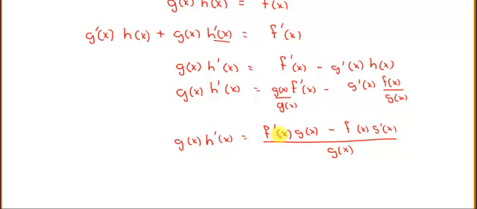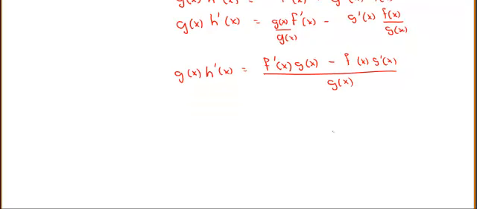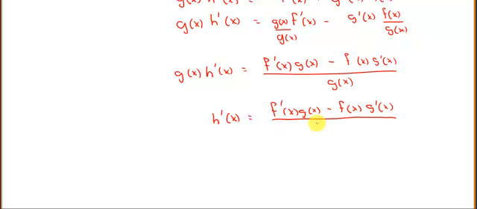If you look at this, the numerator looks a lot like the product rule, except for this subtraction symbol. We have to be careful of that. That's very important. Then dividing by g of x, h prime of x is going to be f prime of x times g of x minus f of x times g prime of x, all over, if I divide both sides by g of x, g of x squared in the denominator.